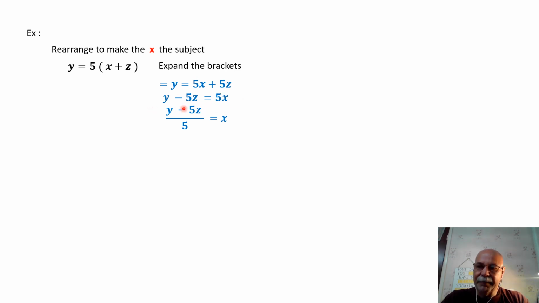Y minus 5z equals 5x, because I take this outside the equal sign and change the sign. Now I divide by the coefficient of x, which is 5.